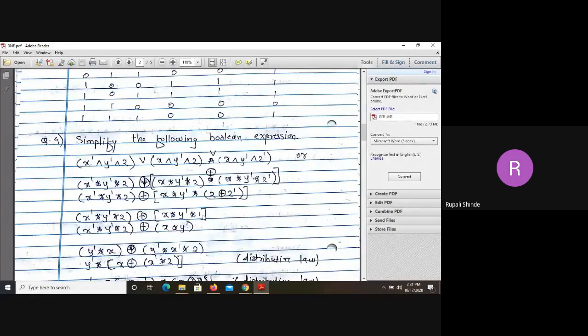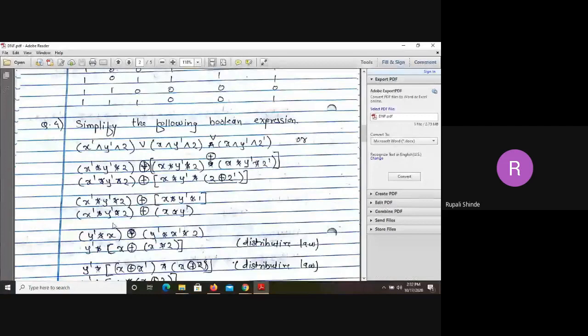Now, if you multiply 1 by 1, you will get answer as 1 only, or X into 1, you will get answer as X. So likewise, X star Y's complement star 1. Means what? If you multiply this term by 1, you will get same answer as X star Y's complement.